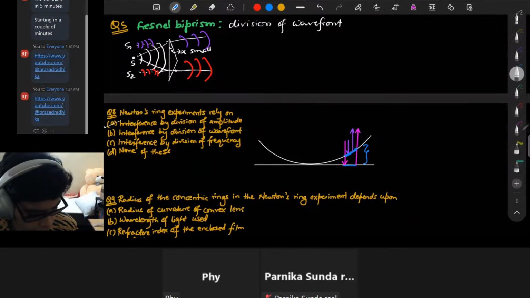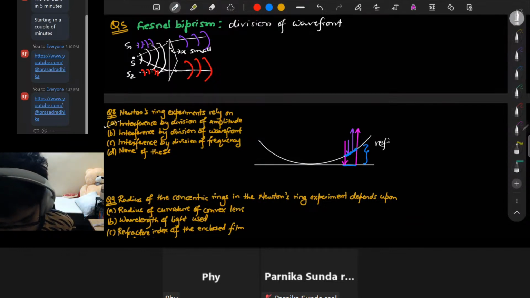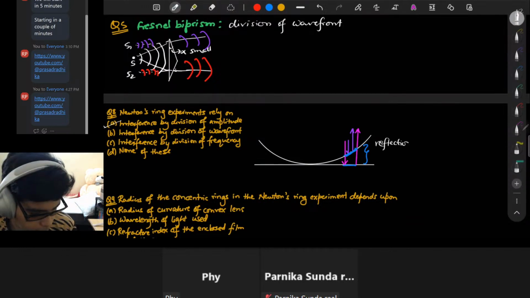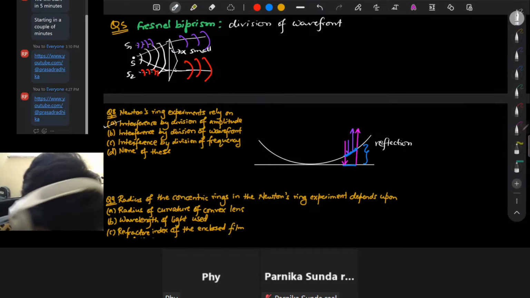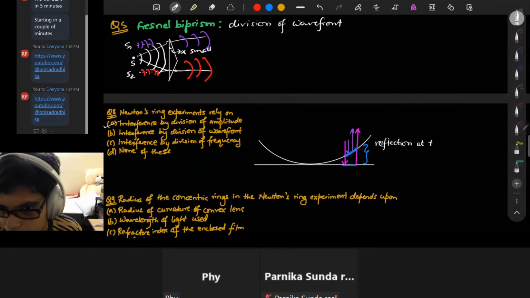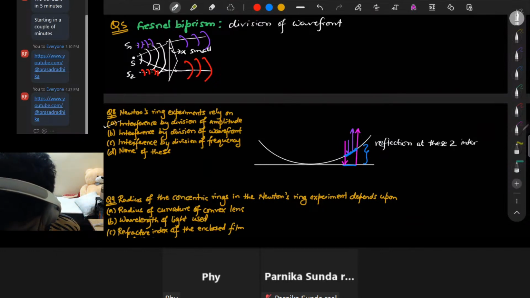And because of this reflection at the two interfaces, we see interference by division of amplitude.